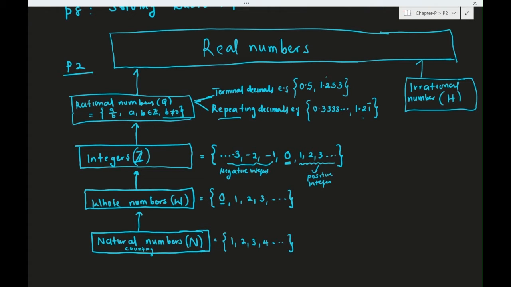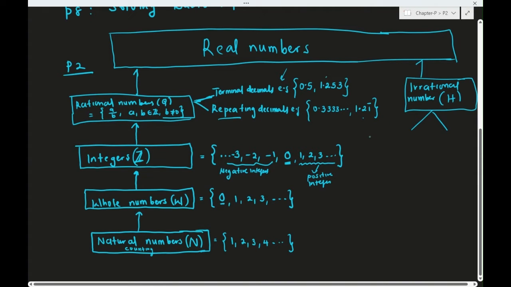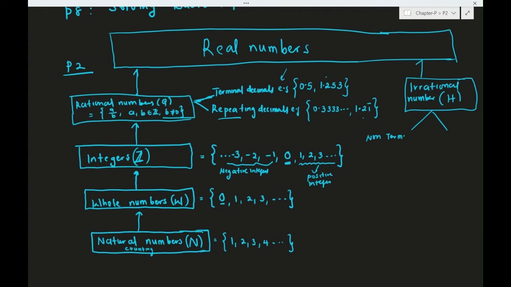And you can denote them by maybe H. Some texts use I. Now, what are irrational numbers? They are just the opposite of rational numbers. In other words, they can be classified into two, which we call non-terminating and non-repeating.